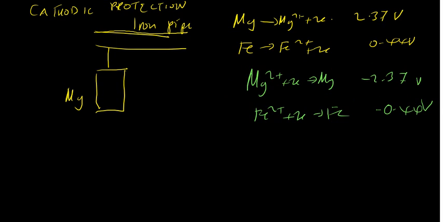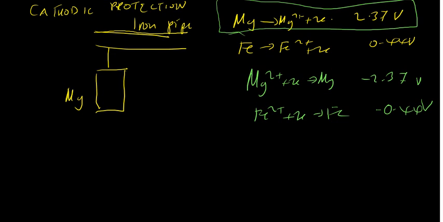Electrons are going to be furnished by magnesium instead of iron. So instead of this iron losing electrons, as we can see here, magnesium is going to lose electrons when there is an interaction with the air which is down there and also the water. This is very important, and this protects the steel which is down there from rusting.